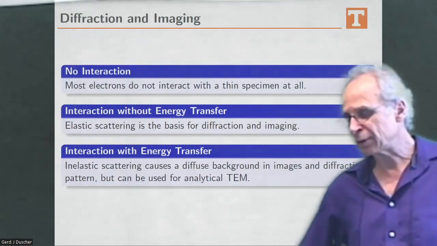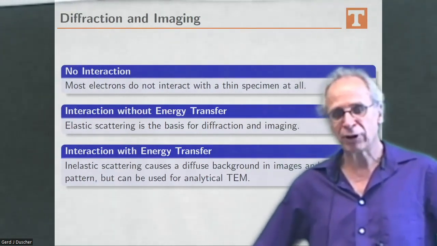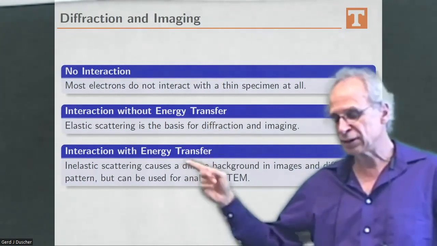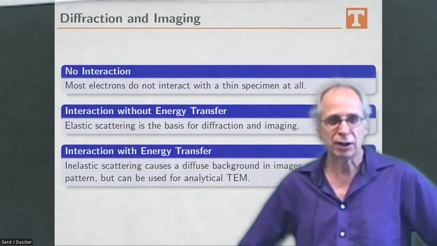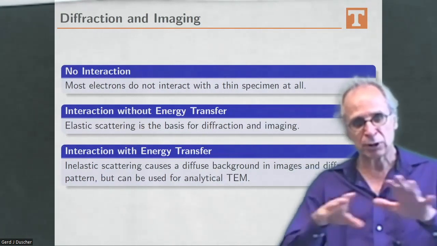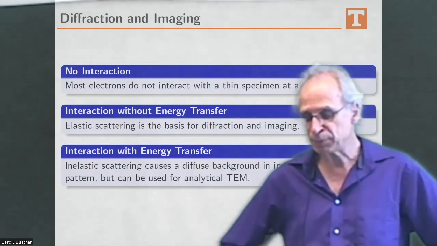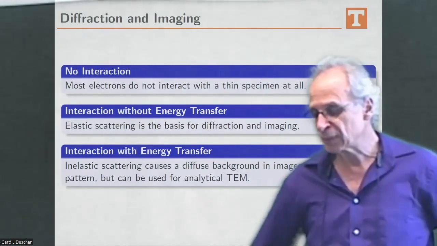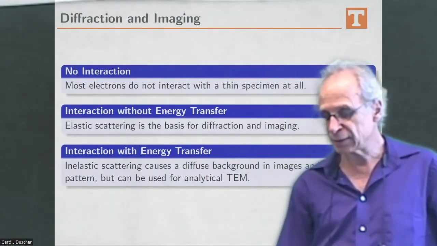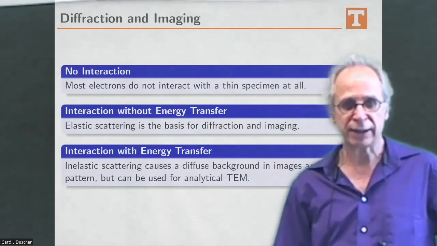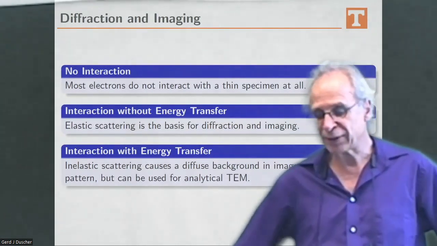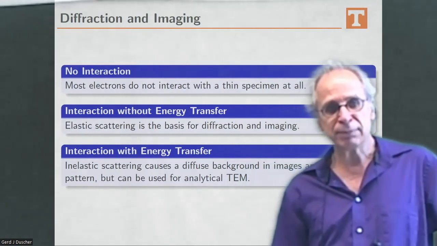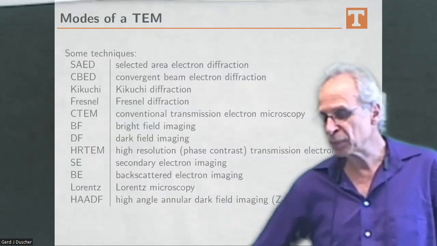So we have kinematic and dynamic diffraction here, with no energy transfer for these two. And then the inelastic scattering in an image or in a diffraction pattern would be a kind of gray background, more or less homogeneous, but with a slight decrease to higher angles. But that is the one that we're using for analytical TEM, this inelastic interaction.